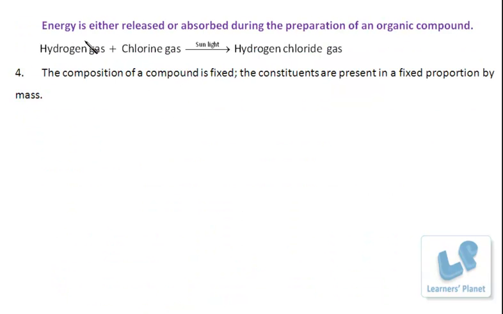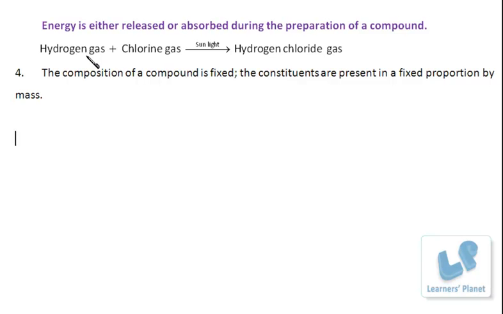The next is energy is either released or absorbed during the preparation of a compound. When a compound is formed, energy is required. Say bonds are to be broken and bonds are to be formed. So the energy is either released or absorbed during the preparation of a compound.